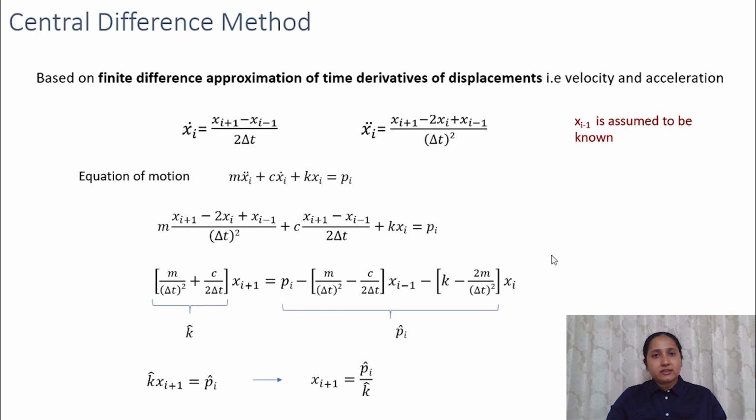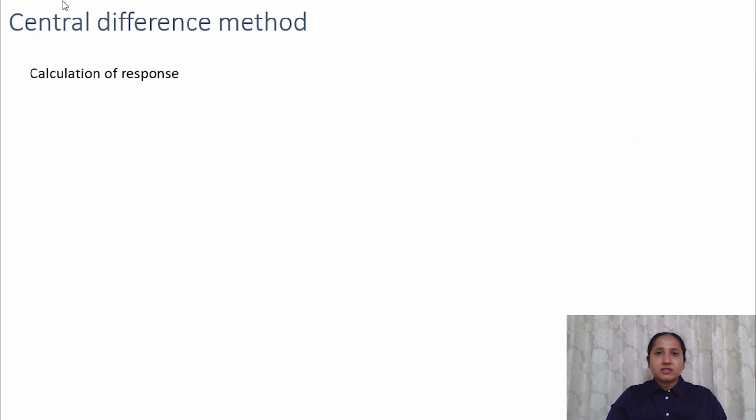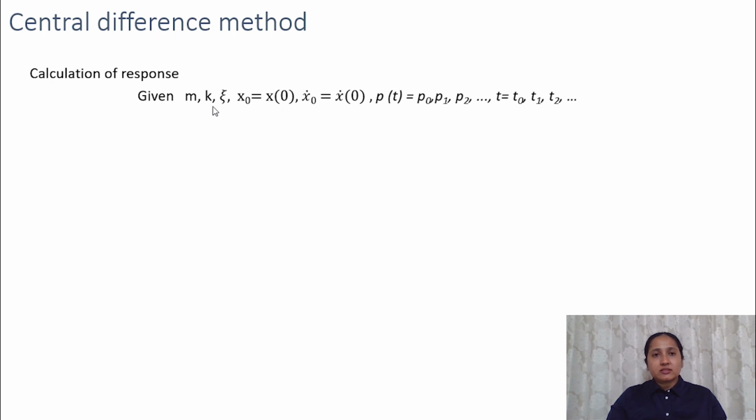So now let's see the steps for calculation of response using central difference method. So initially we will be knowing the mass, stiffness and damping of the single degree of freedom system, and we will also be knowing the initial conditions, that is the initial displacement and the initial velocity.